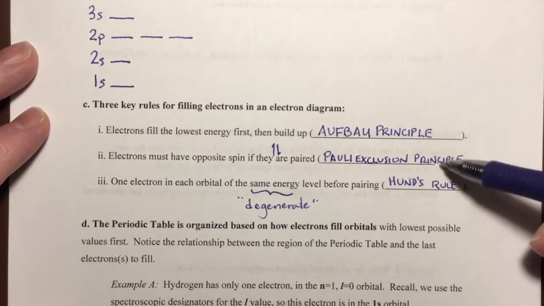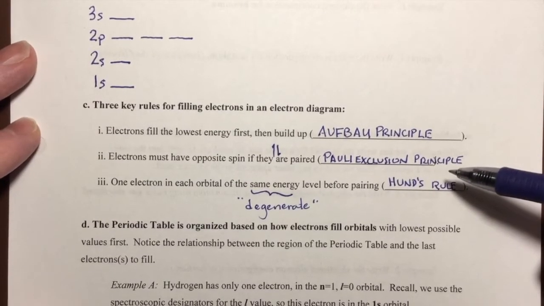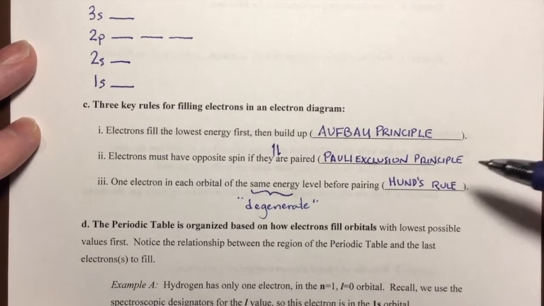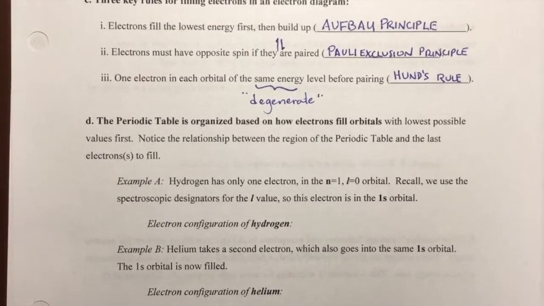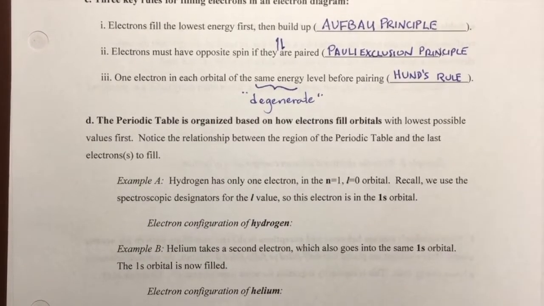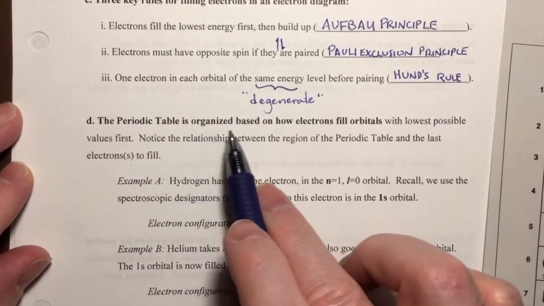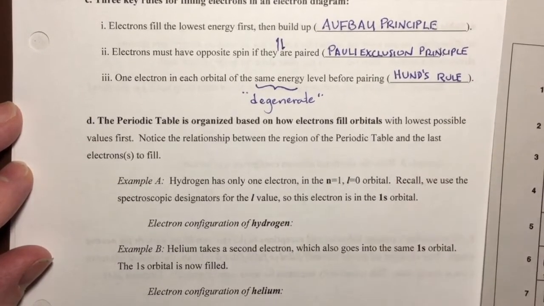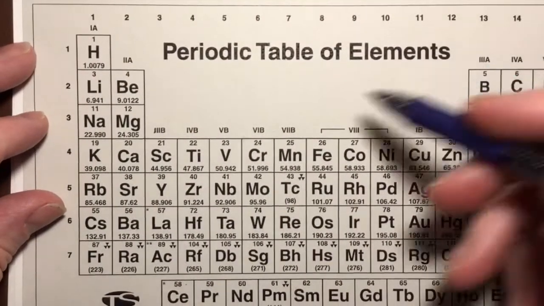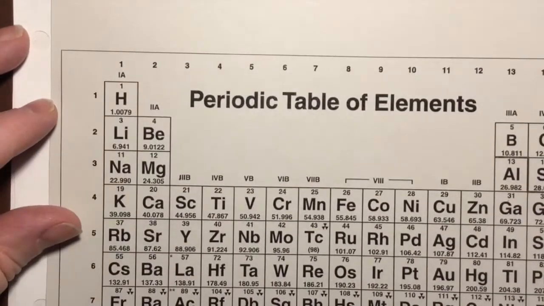So we're going to follow these rules here in just a minute when we start to plug in electrons into our electron diagram. Before we do this, I want to take a moment to direct your attention to your periodic table. The periodic table is organized based on how electrons fill orbitals. So again, the periodic table is arranged based on this electron filling pattern.